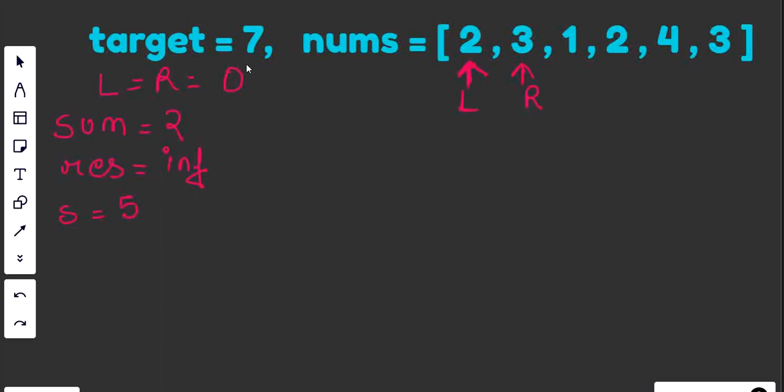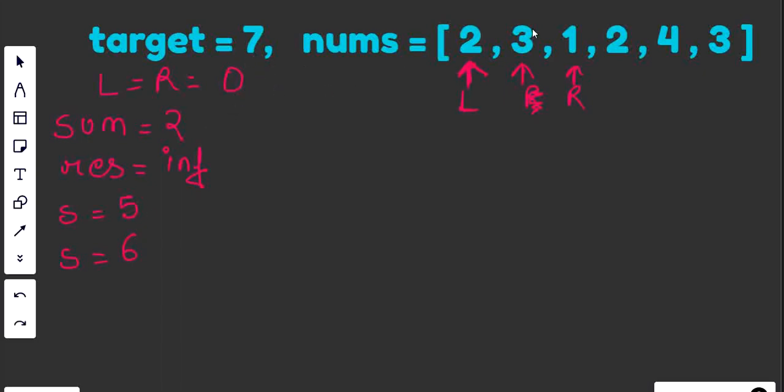Because 5 is lesser than 7, we don't have to update our result. We can proceed with this sum value. Now we will again update our right pointer and it will go to 1. So now what will be the sum? The sum will be 6, which is still lesser than 7.